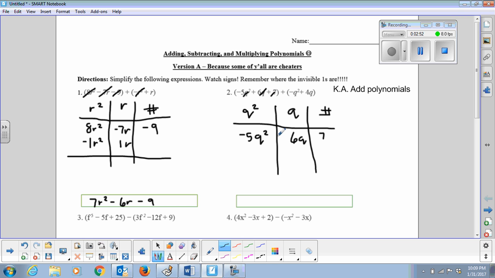Again, that plus means we don't change anything, so I can go ahead and write my second parentheses, so that's negative 1q squared, and then we have positive 4q. Okay, so adding all these up, negative 5 plus negative 1 is negative 6q squared. 6 plus 4 is positive 10q. And then we have just positive 7 left over.